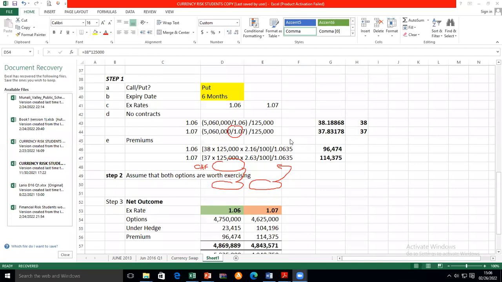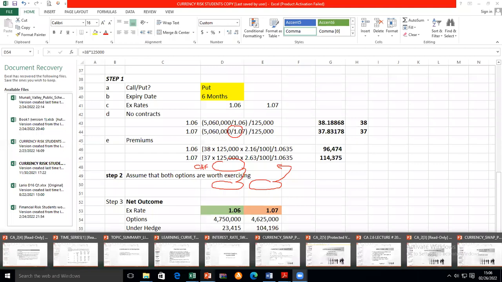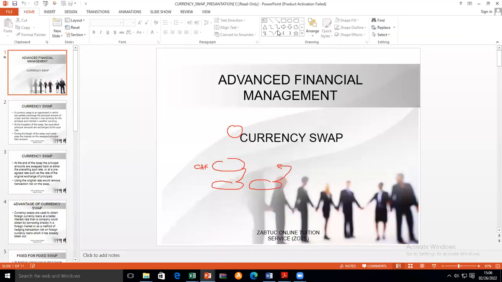Okay, so where to from here? We want to look at the last item on currency, and that is a currency swap. I've shared some notes on currency swap. Can you all confirm that you've got the notes?